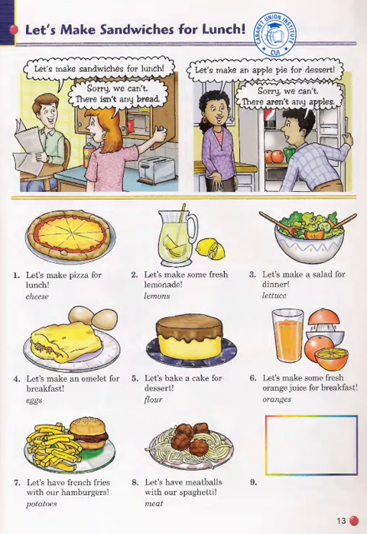6. Let's make some fresh orange juice for breakfast. Sorry, we can't. There aren't any oranges. 7. Let's have French fries with our hamburgers.